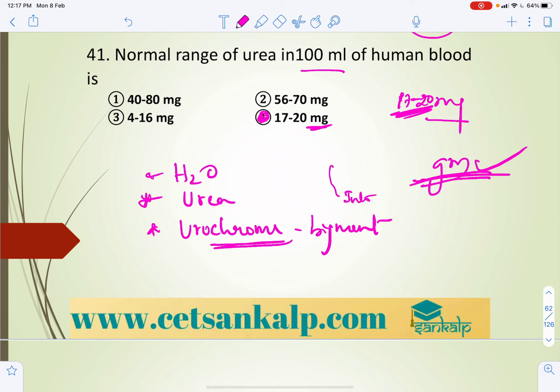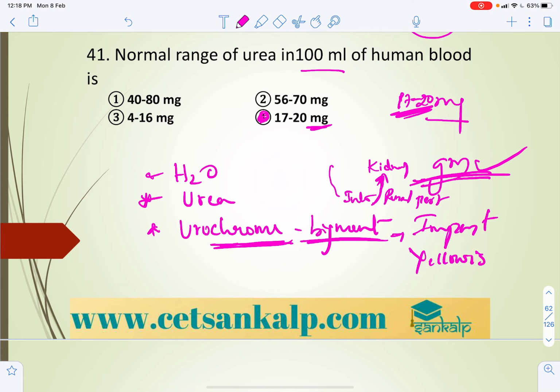From the intestine it is reabsorbed into the kidney, through the renal portal system, and that urochrome is the pigment which imparts a yellowish color to the urine. So the characteristic color is because of the presence of urochrome.